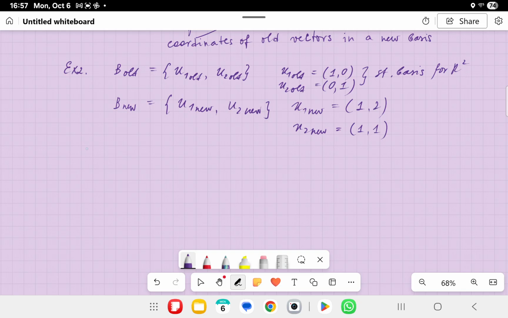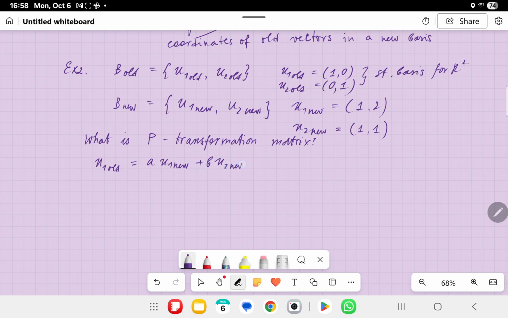So the question is going to be, what is the transformation matrix P? What we'll need to do, generally speaking, is express u1 old as A u1 new plus B u2 new, right?